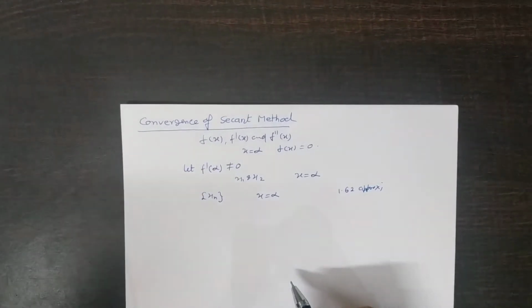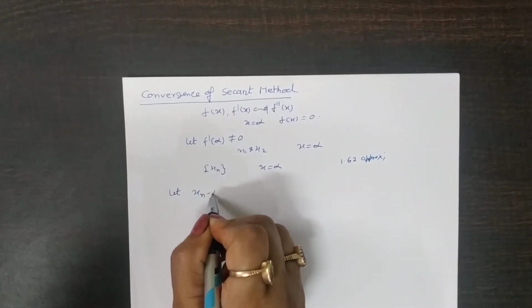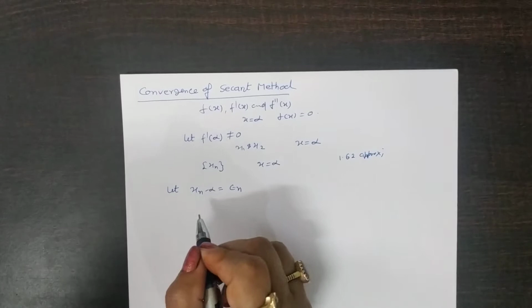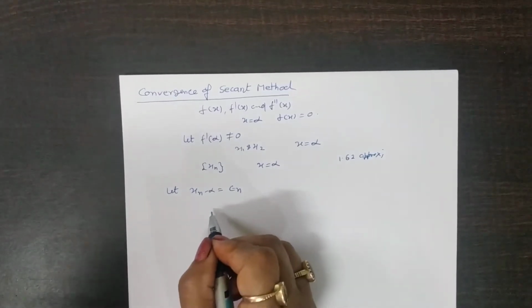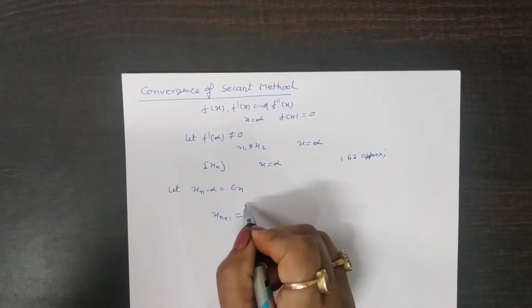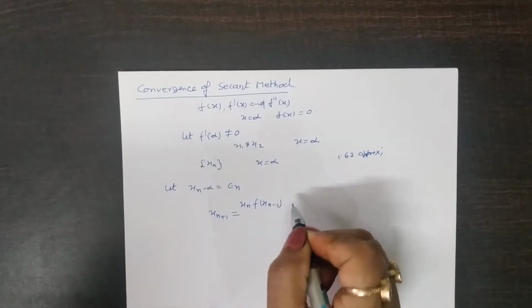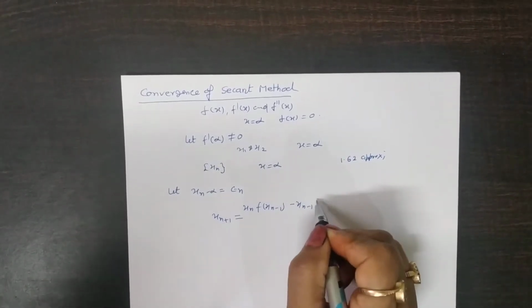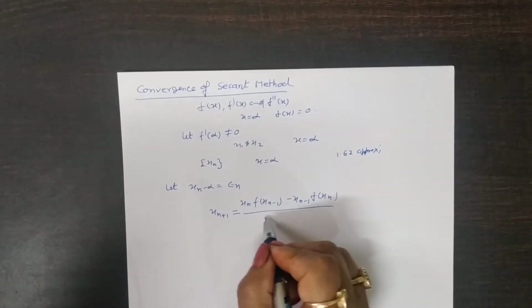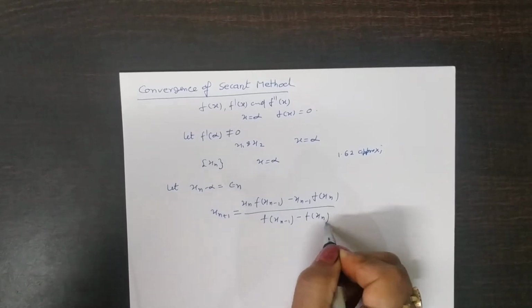So let us suppose xn minus alpha is equal to epsilon n, and from the formula of the secant method we also know x(n+1) = (xn f(x(n-1)) - x(n-1) f(xn)) / (f(x(n-1)) - f(xn)).